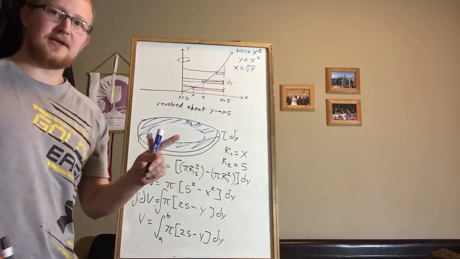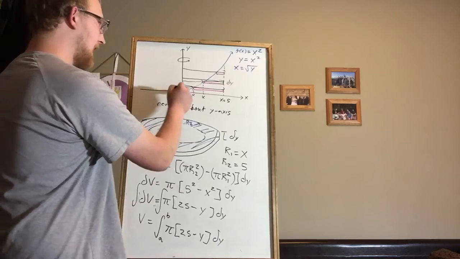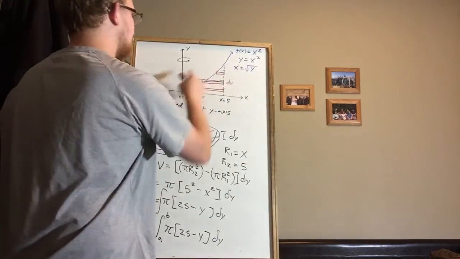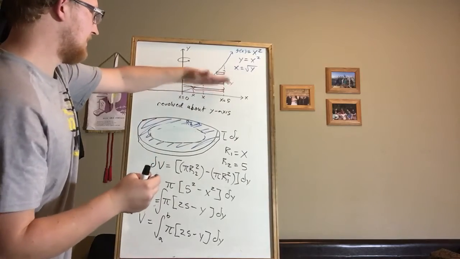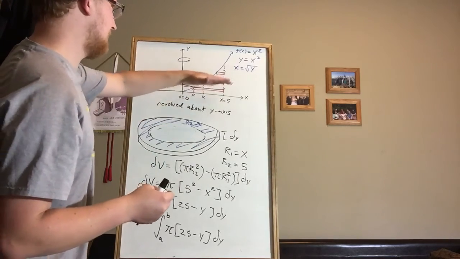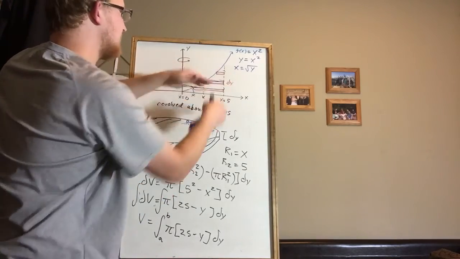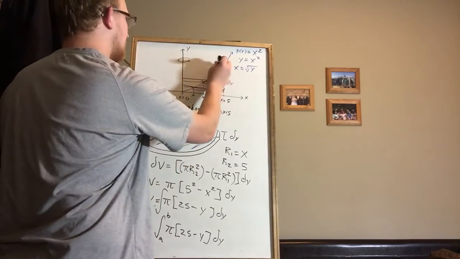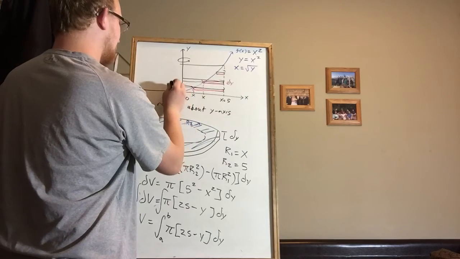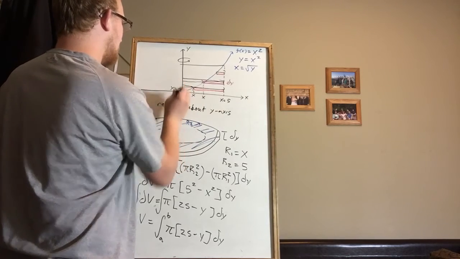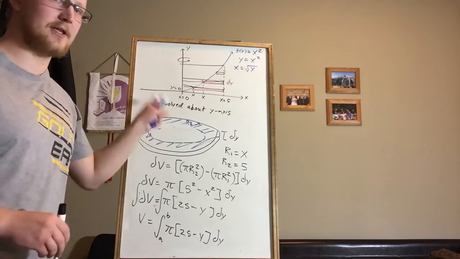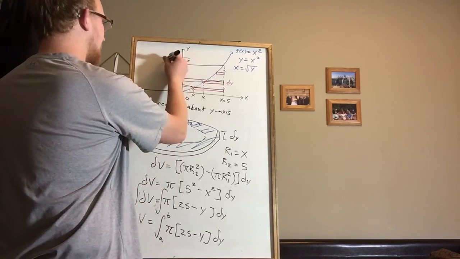And there's one last thing we need to figure out. Remember we're integrating these washers up this curve, so we're integrating with respect to y. And so we need to know our lower boundary for y, and we also need to know our upper boundary.